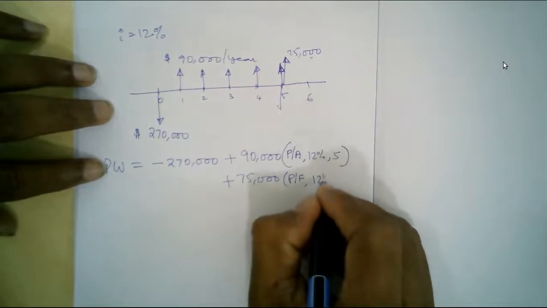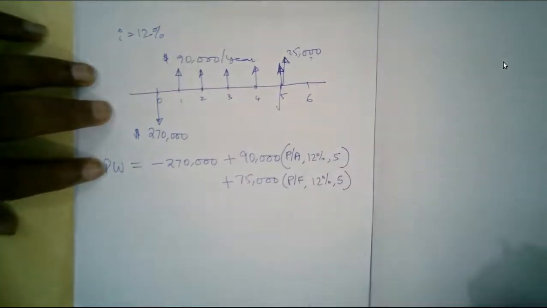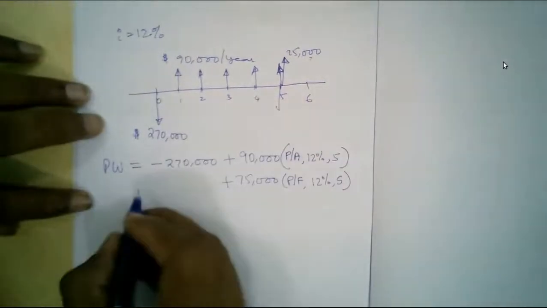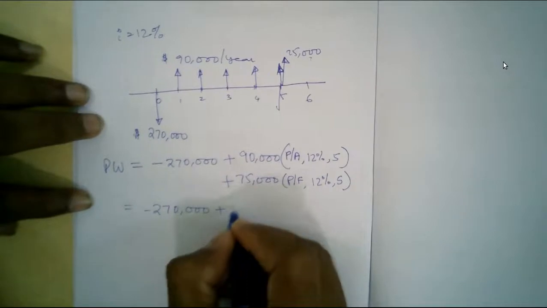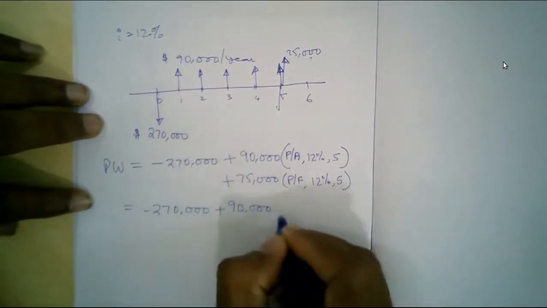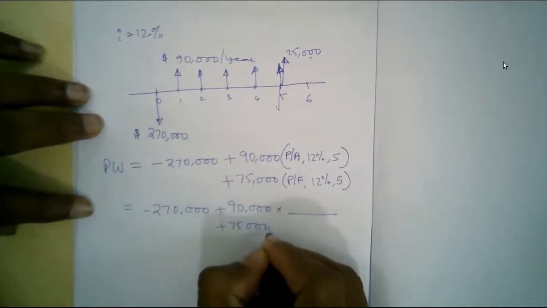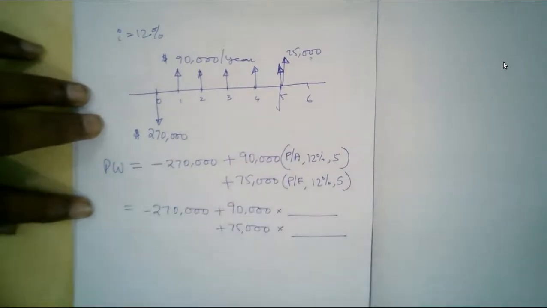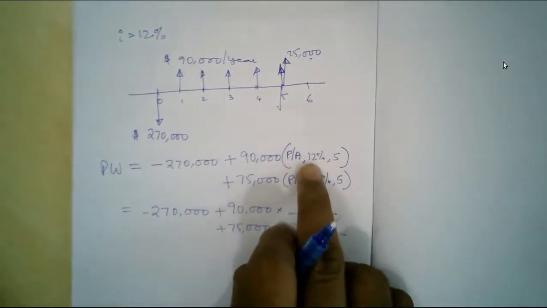So this is again 12% and the years are 5. So this is a calculation I need to do. So minus 270, 90,000 multiplied by some number here plus 75,000 multiplied by again some number here. So now I need to refer P by A and 12% 5 years.